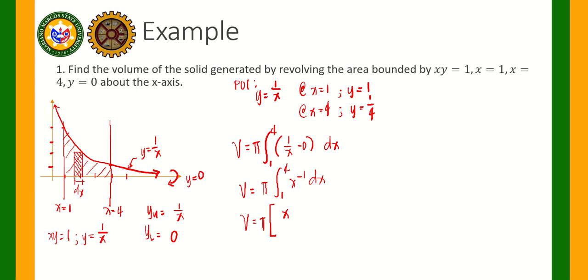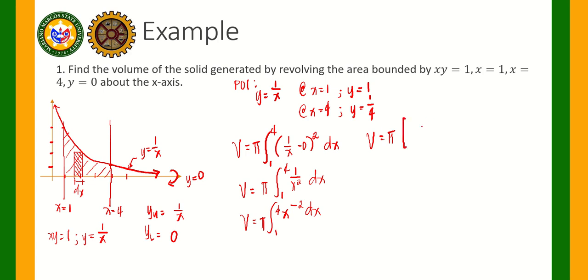There is a square here. Okay. So, it becomes 1 over x squared. So, it becomes the integral of x raised to negative 2 dx limits from 1 to 4. So, volume is equal to pi, what is the integral of x negative 2?